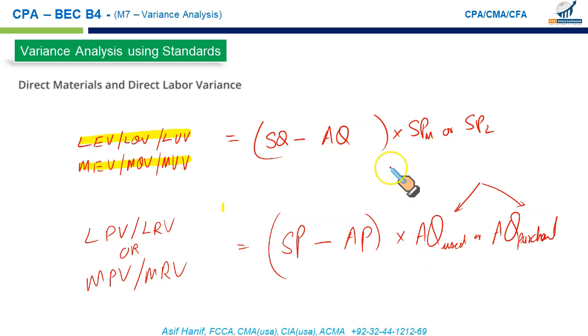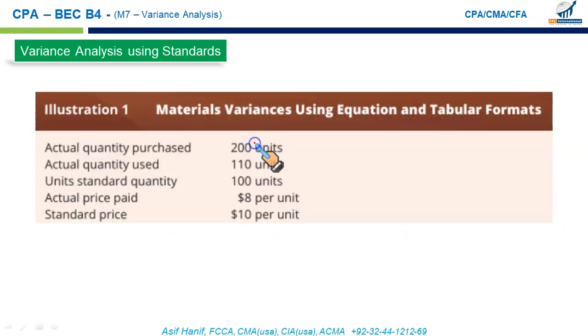Just these two formulas and you can solve any of these given here on the left of the screen. Let me show you. So let us do for material first. Material efficiency variance, also called the material usage variance or material quantity variance. Material quantity variance. It's equal to the quantity that you should have used minus the quantity you actually used multiplied by the standard price of material.